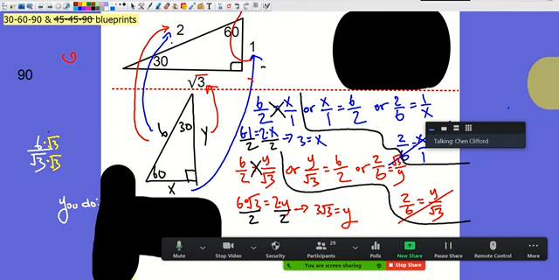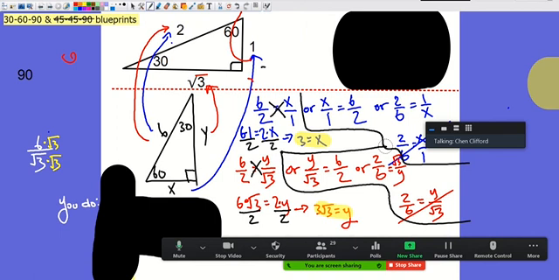So your answers are here. Boom, boom. That's that problem. I took a little longer on that problem because I want to explain every detail, but on the next example, I'm going to move a little bit faster.